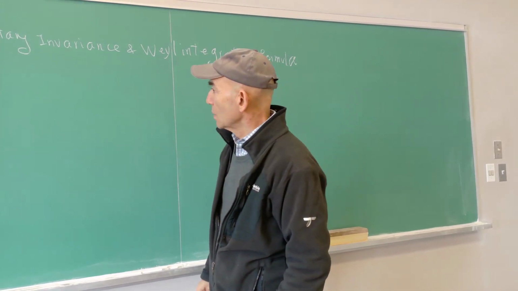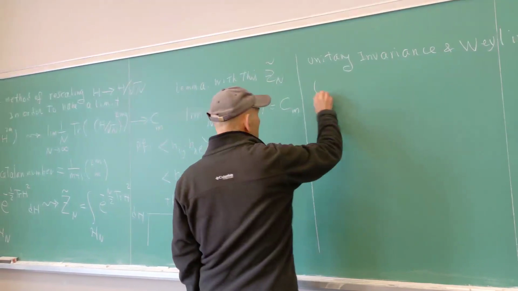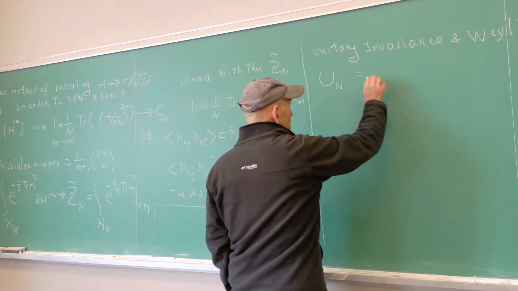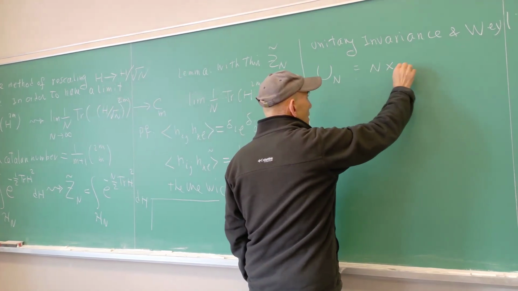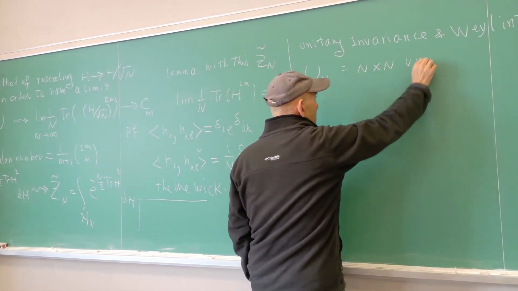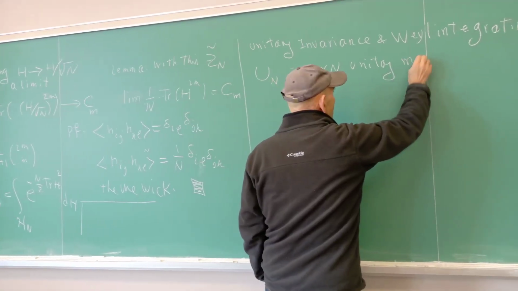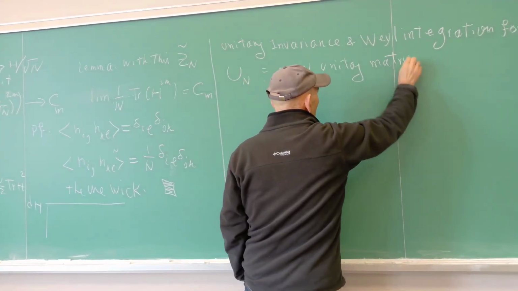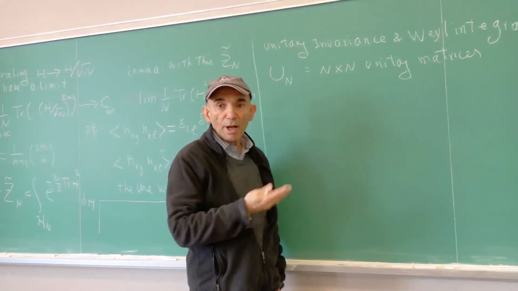So what we want to do first of all is define this group U(n), the n by n unitary matrices. This is a compact Lie group.